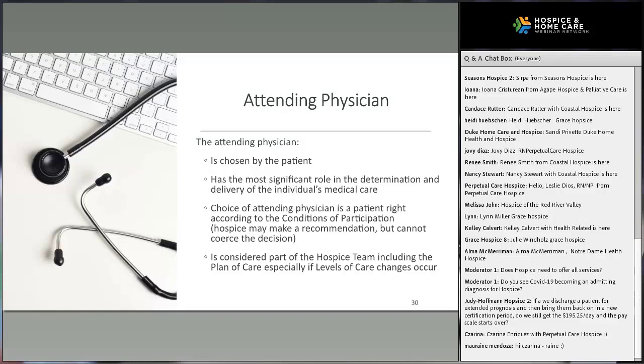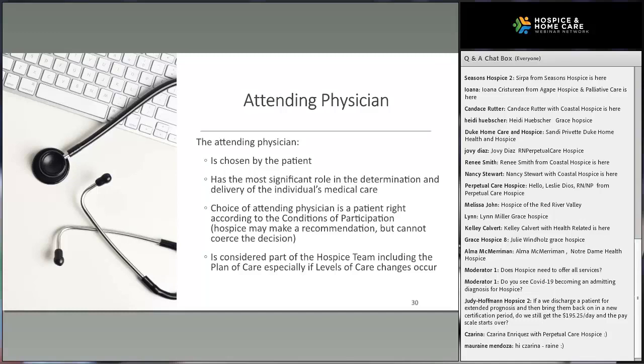And choice of the attending physician, it's important that we realize it's a patient right according to the COPs. So there are doctors that do not want to refer to hospice. They're just not comfortable with it. But there are patients that want hospice even though their doctor does not want to refer to hospice.